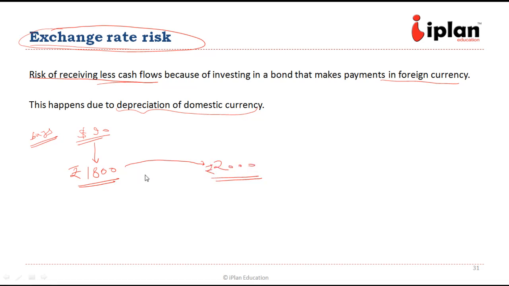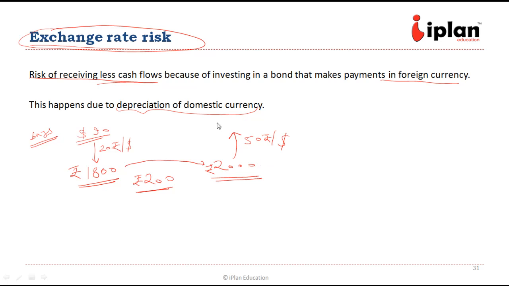So the person has gained 200 rupees. But when this person tries to convert this currency into dollar, the exchange rate is changed. Earlier it was 20 rupees per dollar, and suppose the currency depreciates to 50 rupees per dollar.